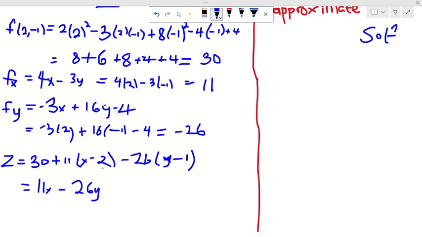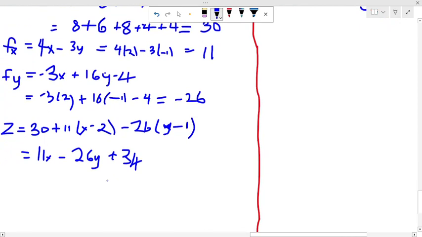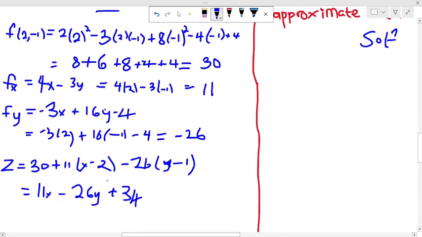Now 11 times negative 2 gives us negative 22. So 30 minus 22 gives us 8. Now 8, we have negative 26 times negative 1. So now 8 plus 26 gives us 34. Now this becomes our equation for the tangent.